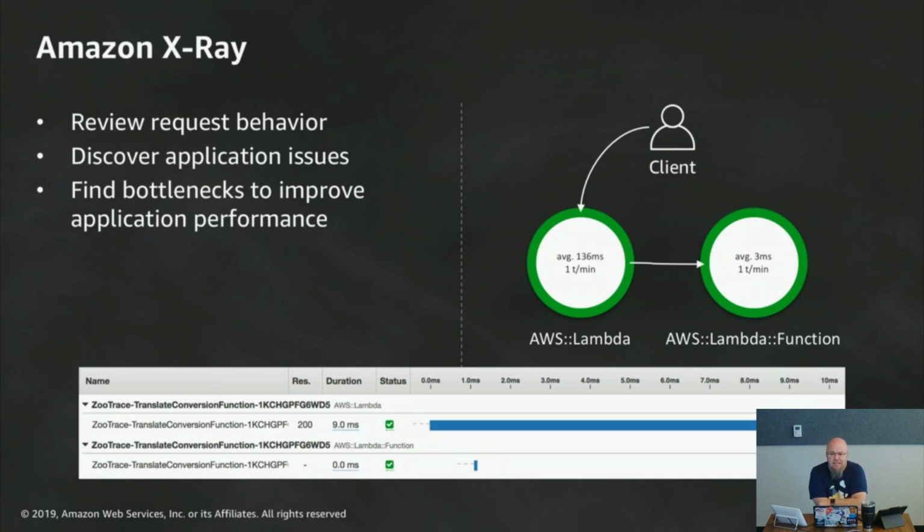You see the idea here where it gives me feedback. If I have a client hitting my AWS Lambda and then the function, it's going to tell me that the Lambda service itself, as in the example here, is 136 milliseconds, whereas the Lambda function itself has a 3 millisecond latency or response time. So it's a great way to look at where things are happening.